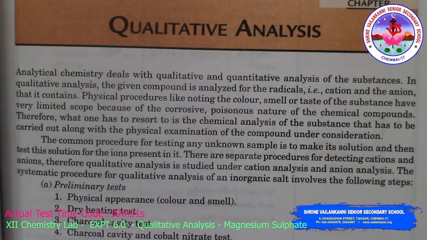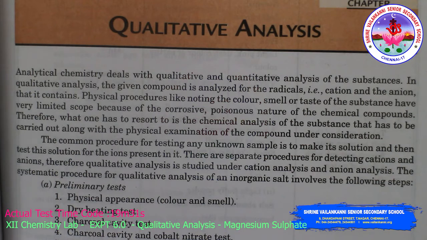Here the acid radical is part of an acid and is non-metallic in nature. It is negatively charged. Examples of acid radicals: chloride ion, bromide ion, iodide ion, sulfate ion, like this.